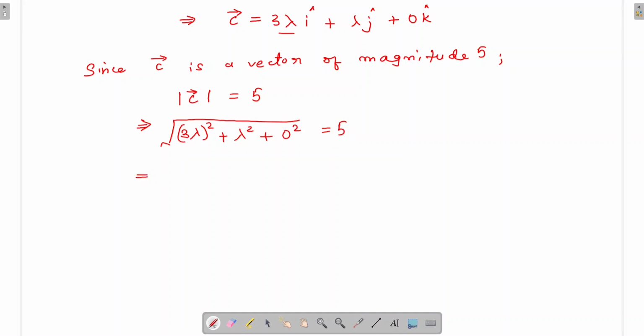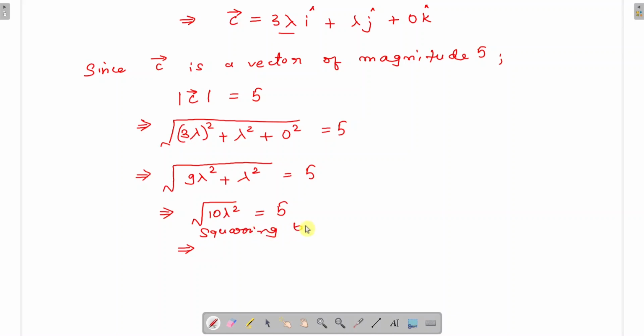So this implies root of 9 lambda square plus lambda square is equal to 5. So this implies root of 10 lambda square is equal to 5. Now we can square both sides, so we will get 10 lambda square equal to 25.